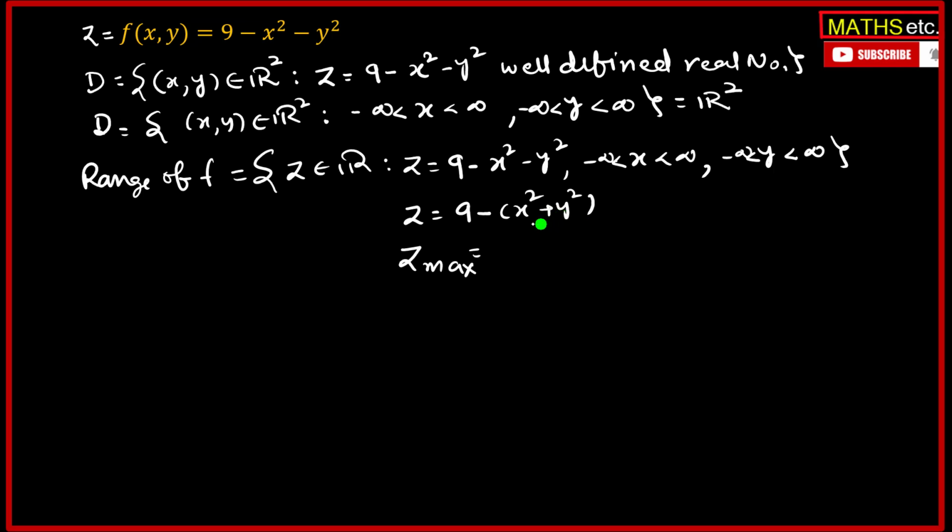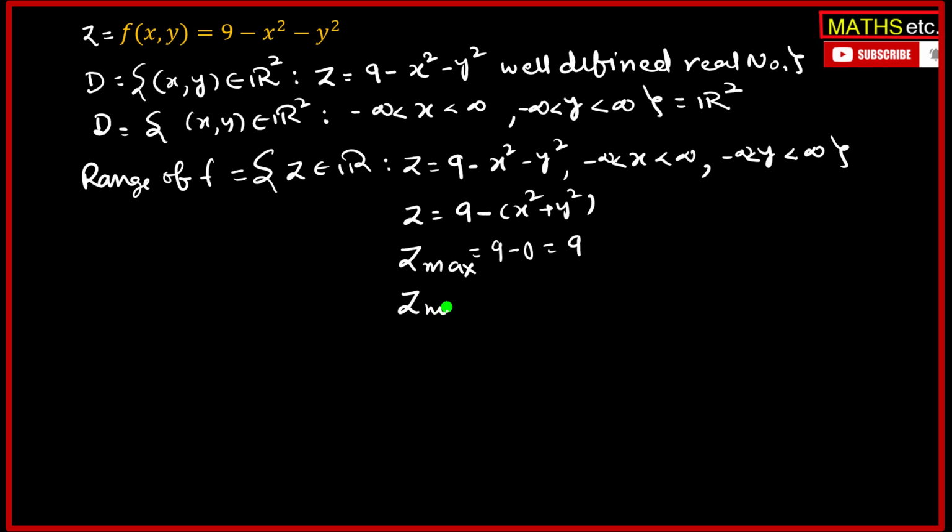When the expression inside the bracket, x squared plus y squared, is minimum. And what will be the minimum value of x squared plus y squared? It will be 0, because the sum of the squares of two expressions is always greater than or equal to 0. So the minimum value of x squared plus y squared is 0. So the maximum value of z is 9 minus 0, and that is equal to 9.